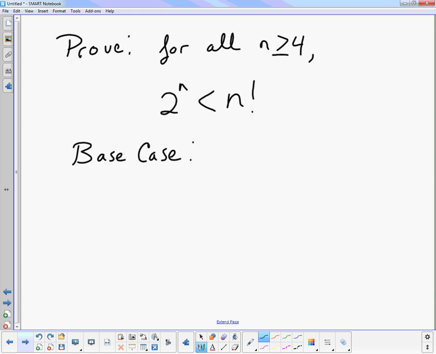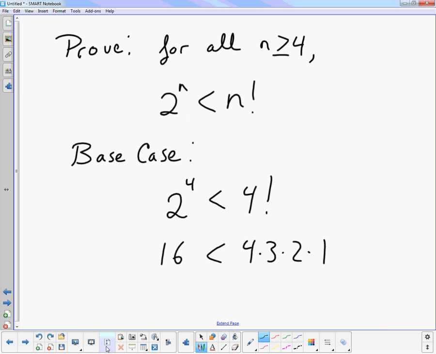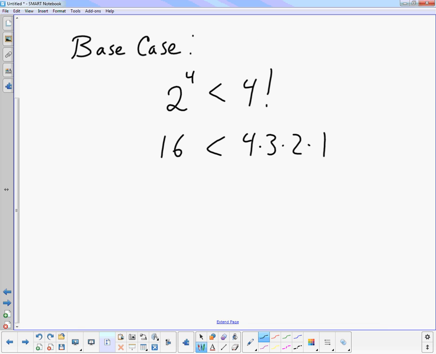The first step in this is 4, okay? So 16 is less than 4 times 3 times 2 times 1, right? So 16 is less than 24. Oops. So the base case holds.